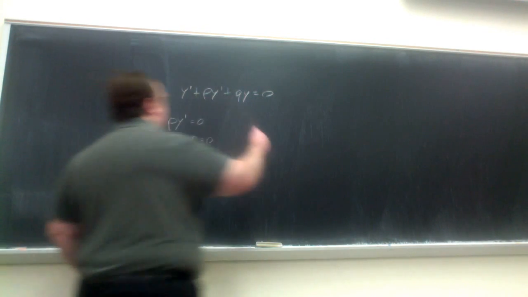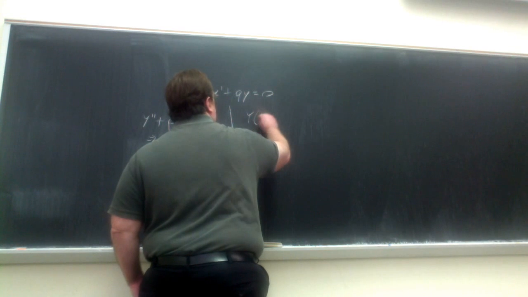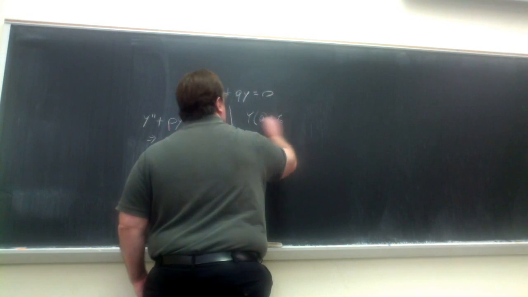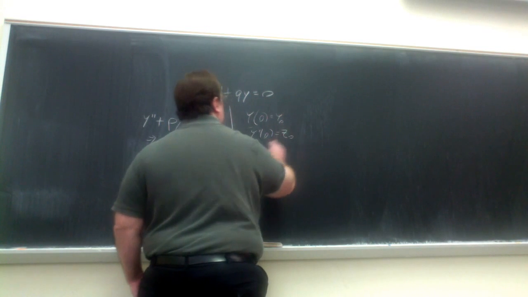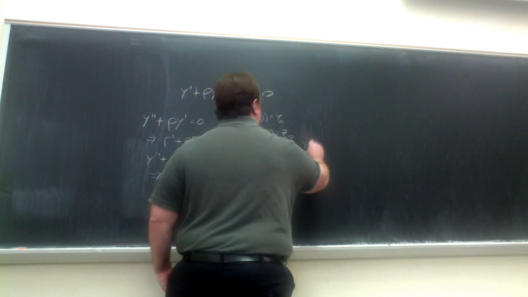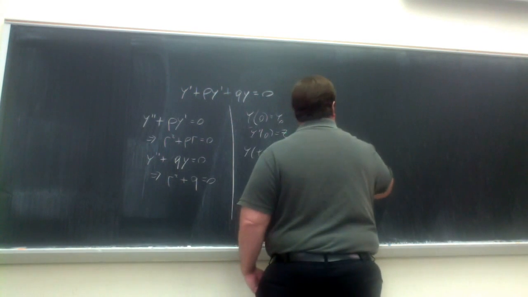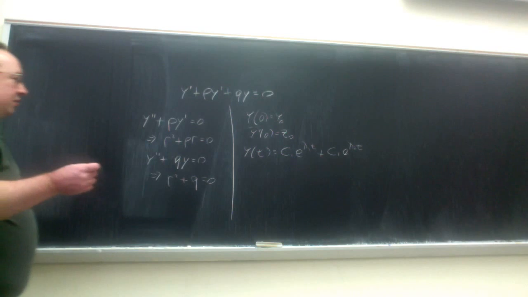And then a separate thing, try to pose initial conditions. Say y of 0 is y naught, y prime of 0 is z naught, and let's suppose you have your general solution after you find the roots of your characteristic equation, and then you go to satisfy the initial conditions.